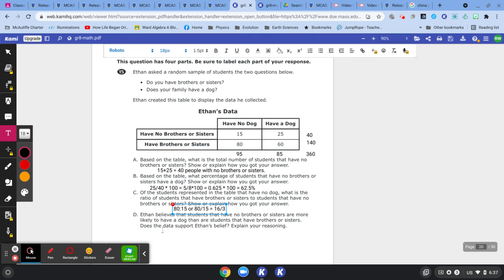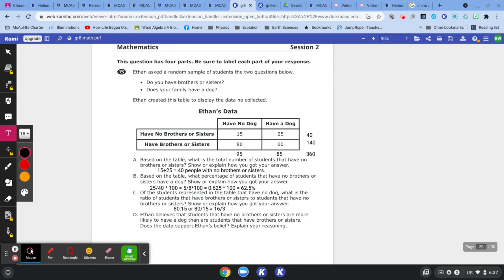Okay, now our hero, Ethan, believes that students that have no brothers or sisters are more likely to have a dog than students that have brothers and sisters. So, does the data support Ethan's belief?